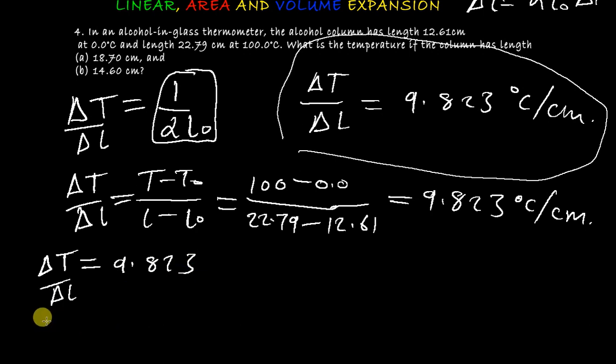So if I want to find the change in temperature, I'm just going to say the change in temperature is equal to 9.823 times the change in length. This is what I'm going to have.